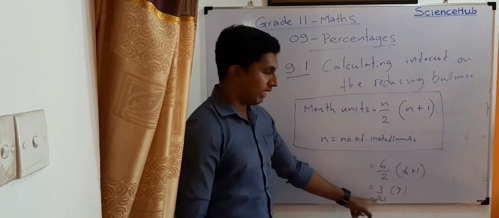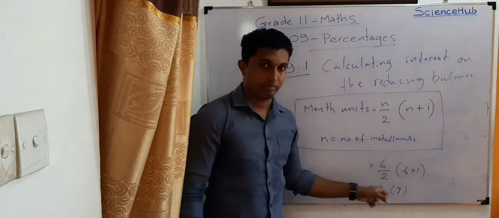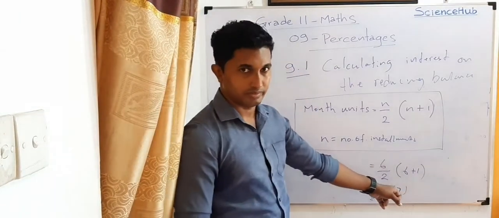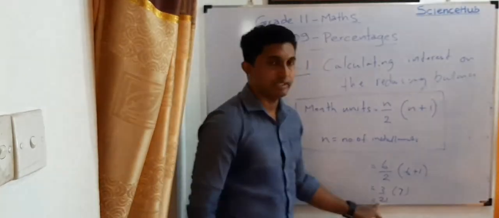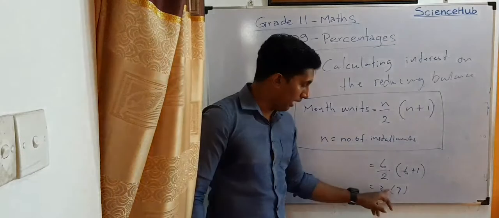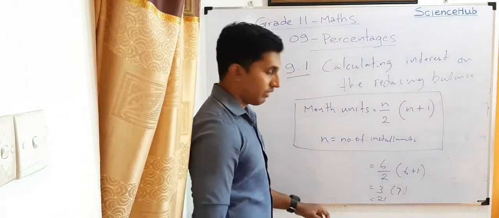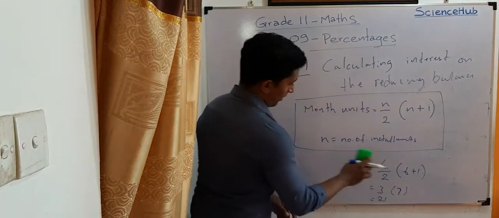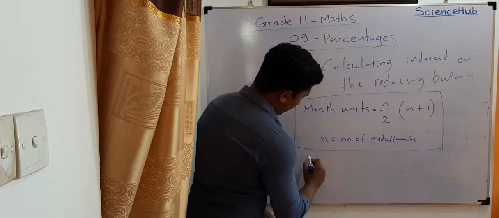This equals the number we got in the previous question. 21 is the month units. Then we multiply this 21 by the interest to find the total interest.